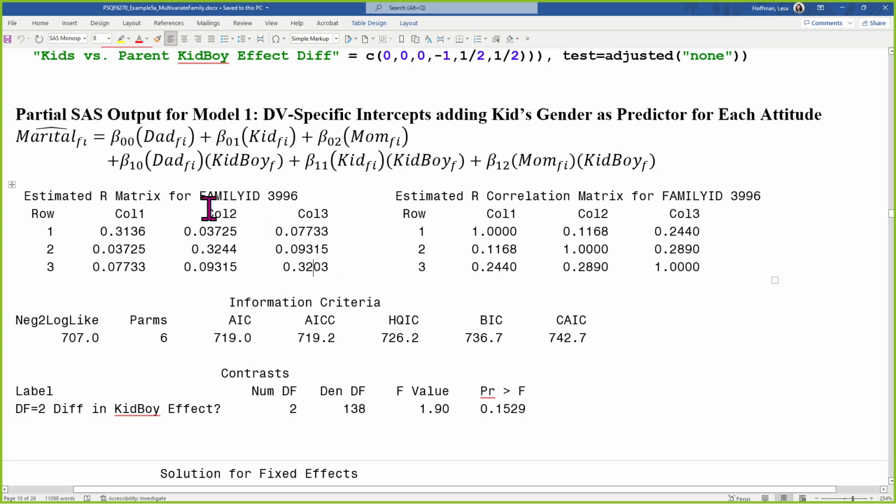But yes, there's a reason why it prints for this family, is because in theory, you can allow the R matrix to differ as a function of predictors. So if I had, say, divorced families versus not divorced families, I could allow them to have different amounts of variability within those groups.